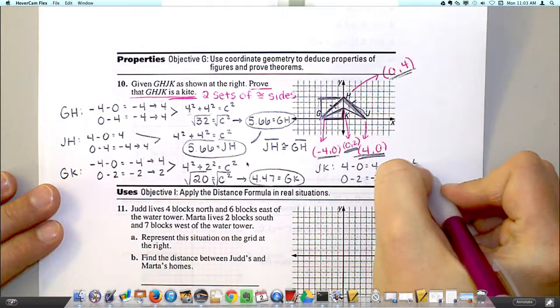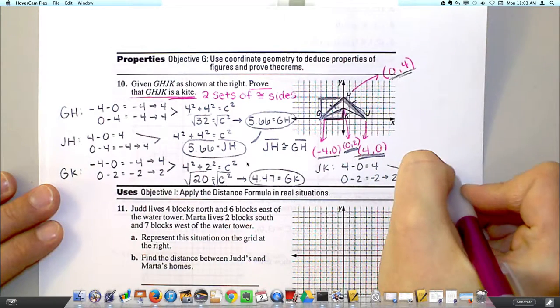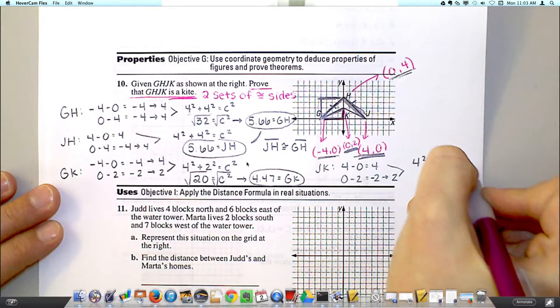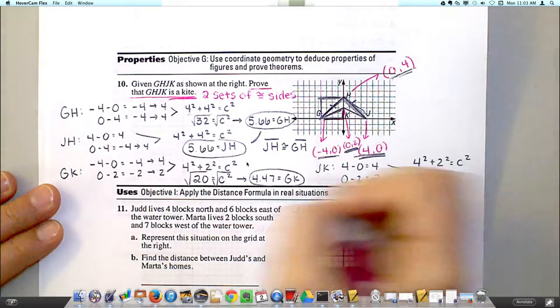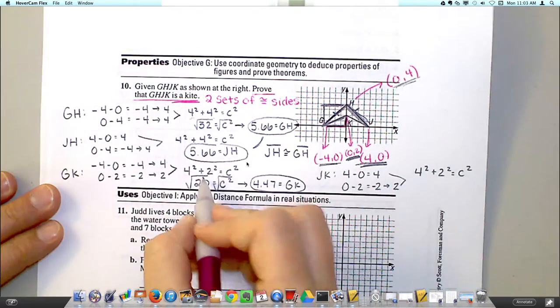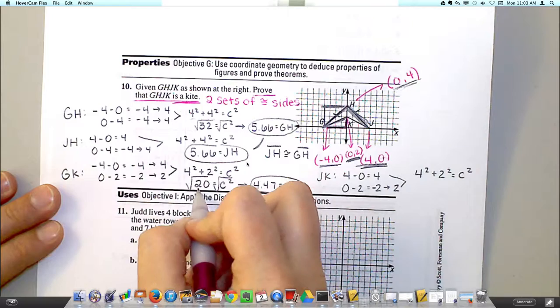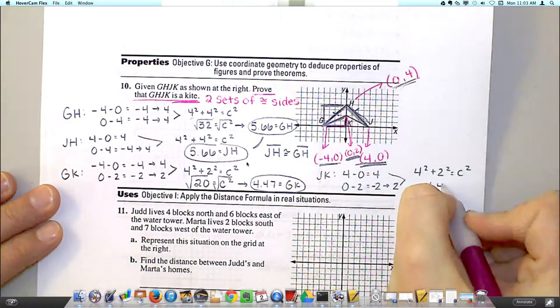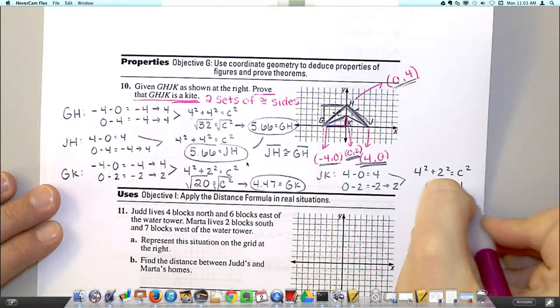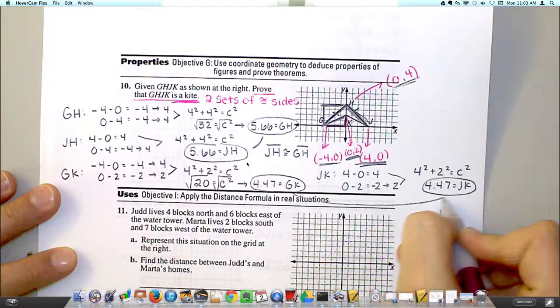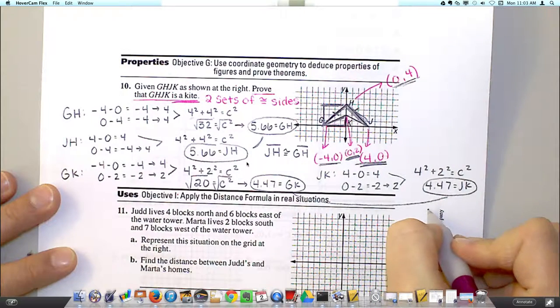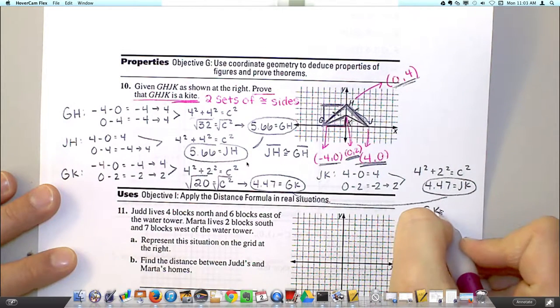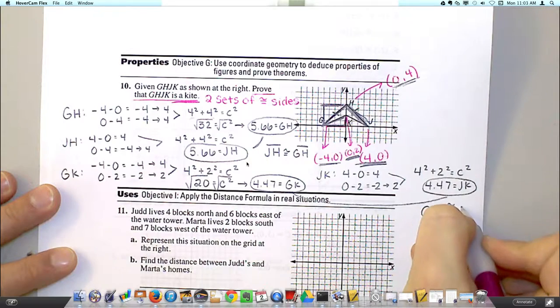Same thing, set up Pythag. 4 squared plus 2 squared equals c squared. Looks exactly the same as this one, so I know it's going to come out to be a square root of 20. Therefore, I can say 4.47 is the length of JK also. And from these two pieces of information now, I can say that GK has to be congruent to JK.